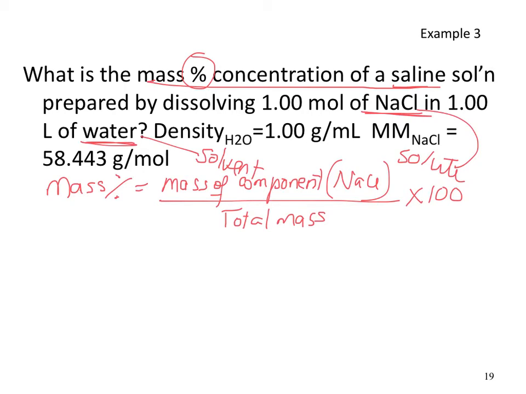So basically, if you knew the mass of sodium chloride in the system, and the mass of water, because you will need both of those to determine the total mass, realize that solute plus solvent give you the solution.